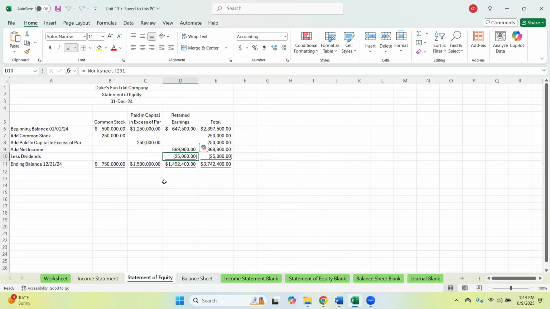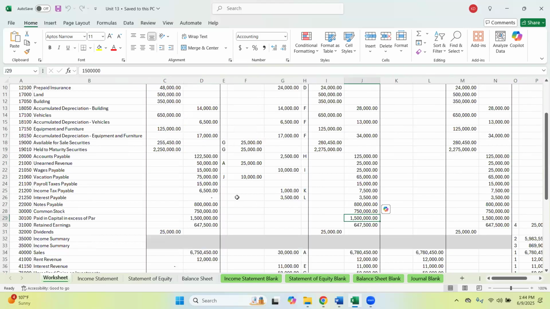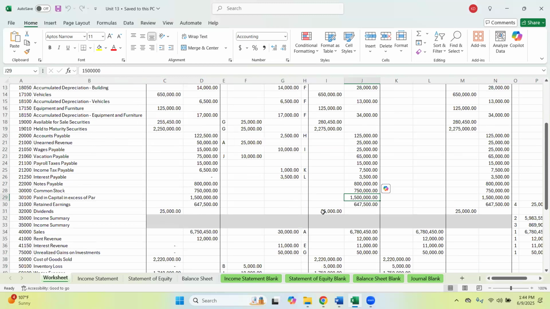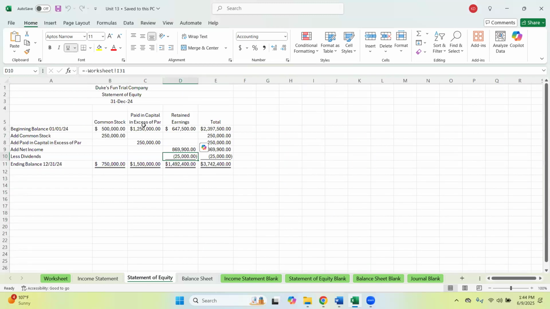And this is going to be a negative, and that's going to come from my worksheet. Where are my dividends? Right here, my beautiful dividends, 25,000. That's a negative. These stay in the common stock column and the paid in capital in excess of par column. Here's my retained earnings. I'm going to add everything, and there are my ending balances.